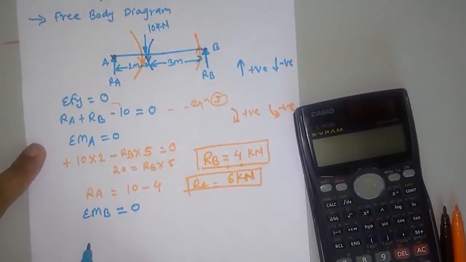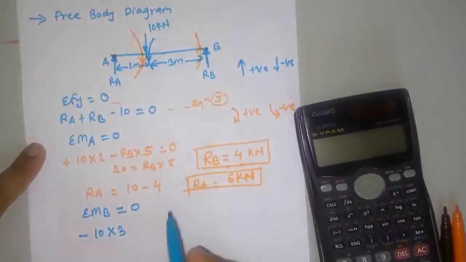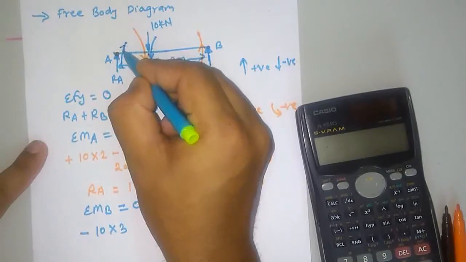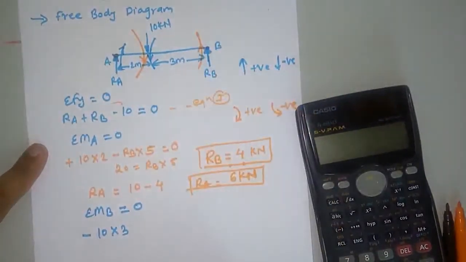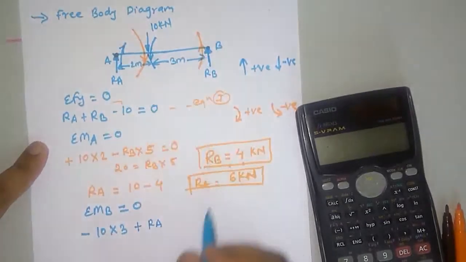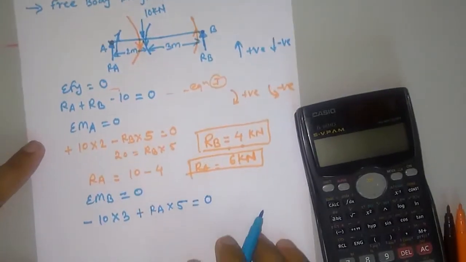So minus 10 into the distance, which is 3. Then here, if you draw the curve, this direction is matching, and it is clockwise, so positive. RA into the total distance 5, which is equal to 0.